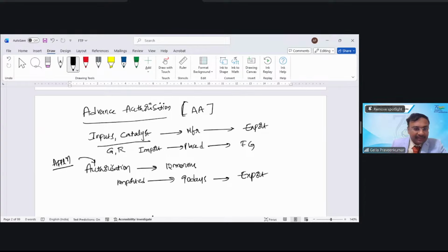And here they have something called value addition. They say a minimum of 15% value addition is expected. What is that value addition?